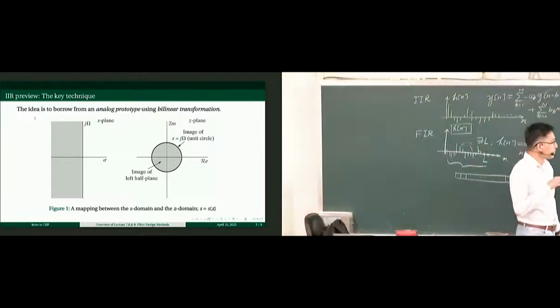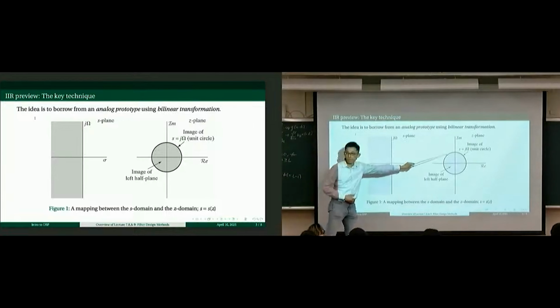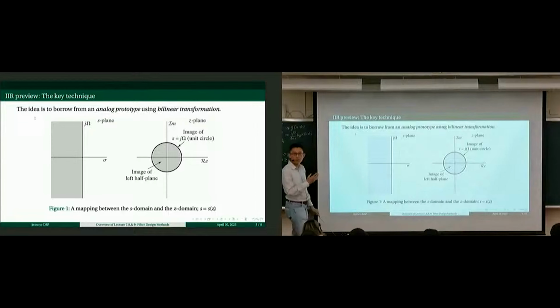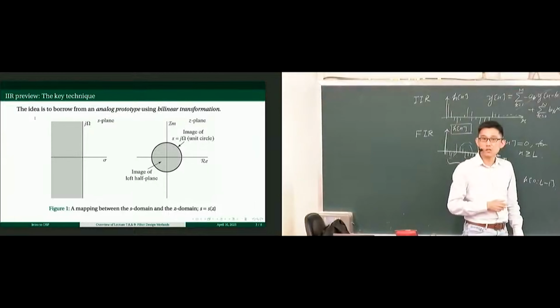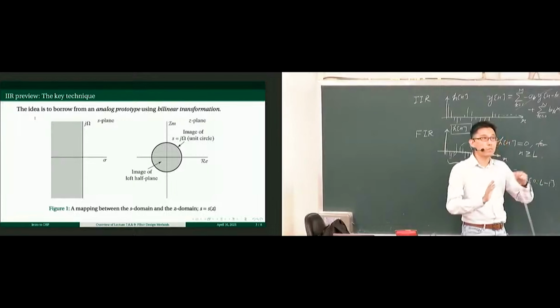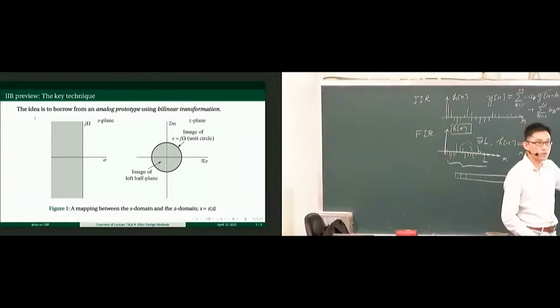With that, we'll learn that it's also a mapping, a transformation between the two frequency variables, the big omega and the small omega. Bilinear transformation leads to a change of variable. It leads to a mapping between the two frequency variables, one is big omega, the other is small omega.